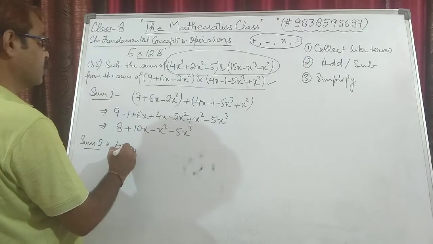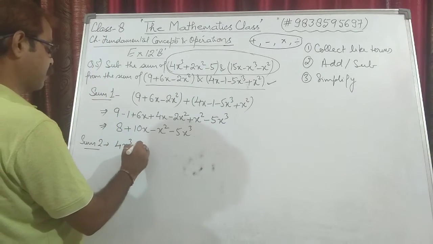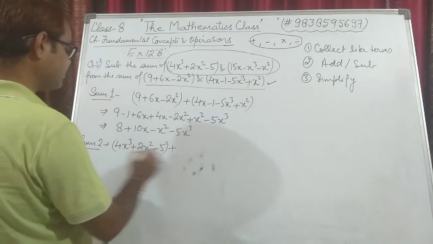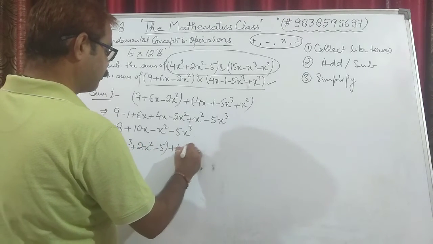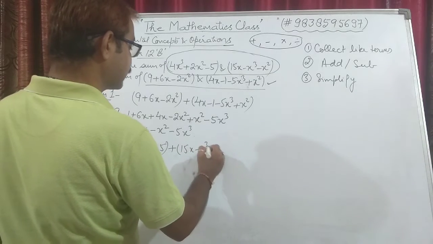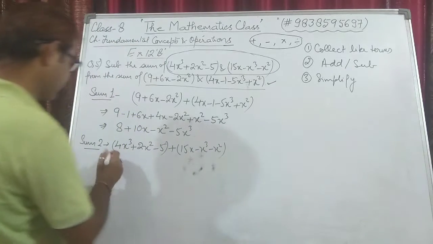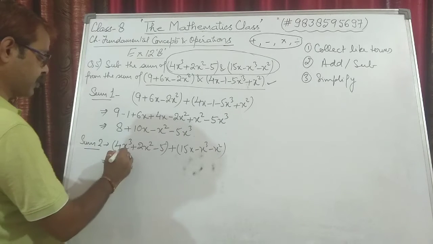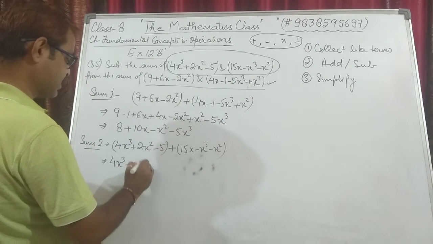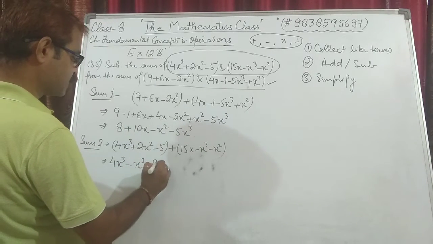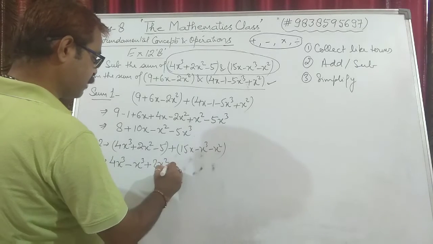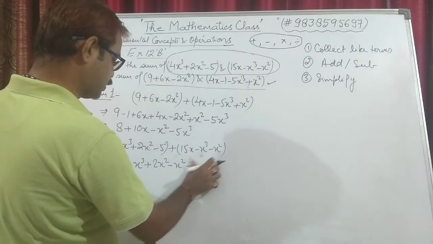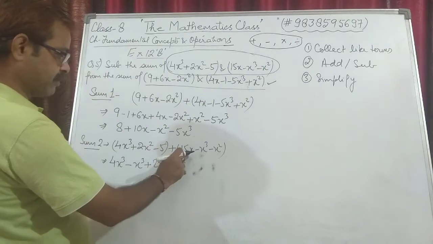So 4x cube plus 2x square minus 5, plus 15x minus x cube minus x square. When we add, we will take like terms, so 4x cube and then minus x cube, then plus 2x square and minus x square, and minus 5, but here we have 15x.